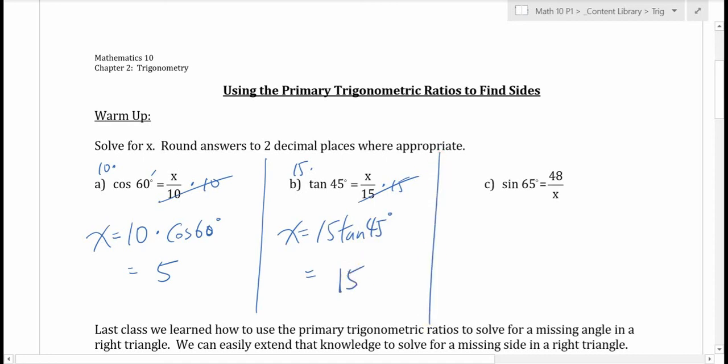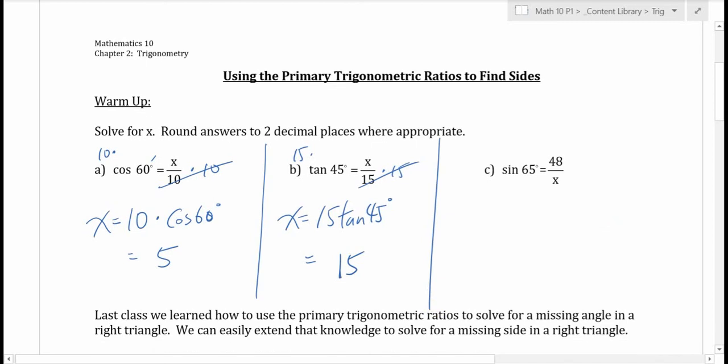Part C is slightly more confusing because the x is in the denominator in this case. But to solve this, you multiply both sides by x to get rid of that, then you get x times sine 65 equals 48. Therefore, to solve for x, you divide both sides by sine 65 degrees.